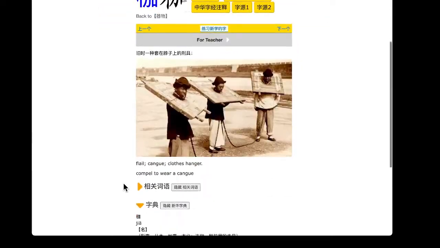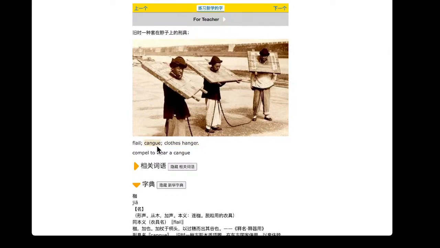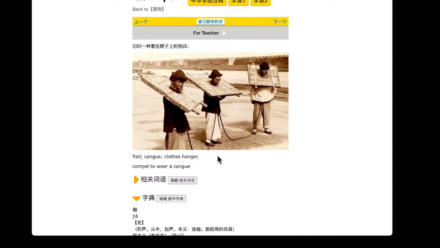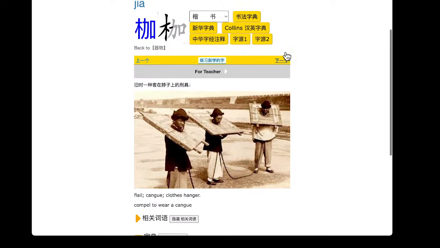We call these kang. I guess it's, I think, from Portuguese or something. I never heard of that word before. Heard of like yokes and pillories and whatever. Kind of similar. A little bit.